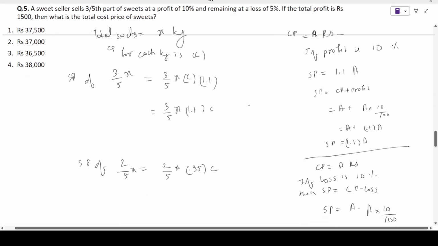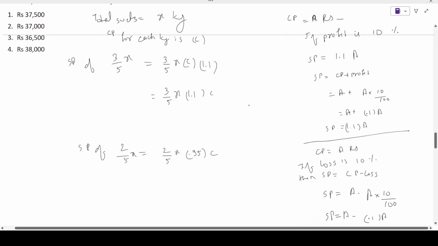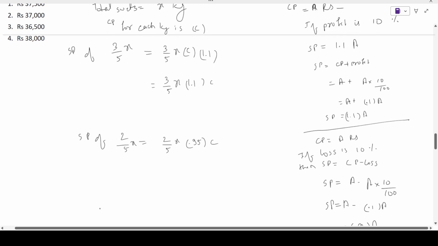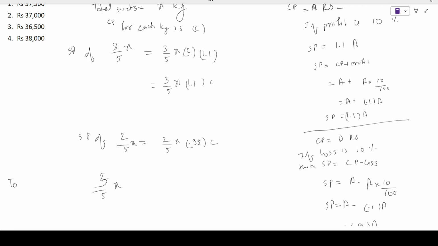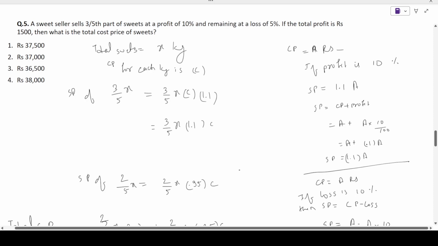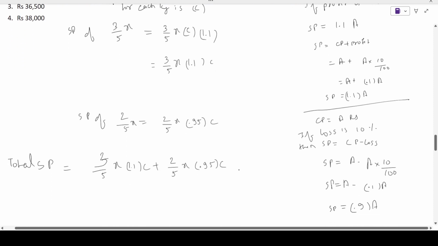So the total selling price would be 3 by 5 x into 1.1 C plus 2 by 5 x into 0.95 C. This is the total selling price, and this total selling price is 1500 more than the cost price.